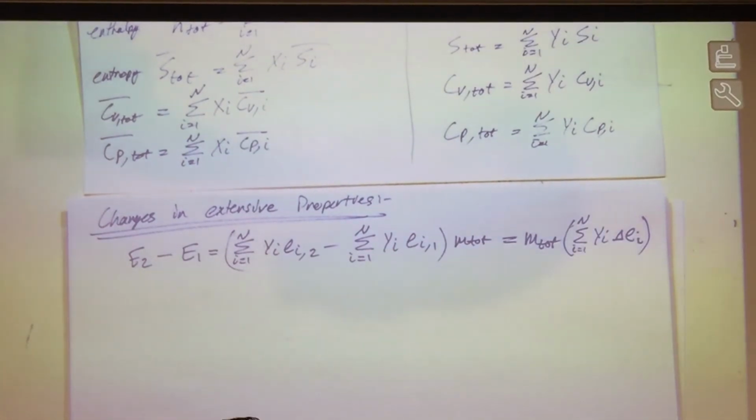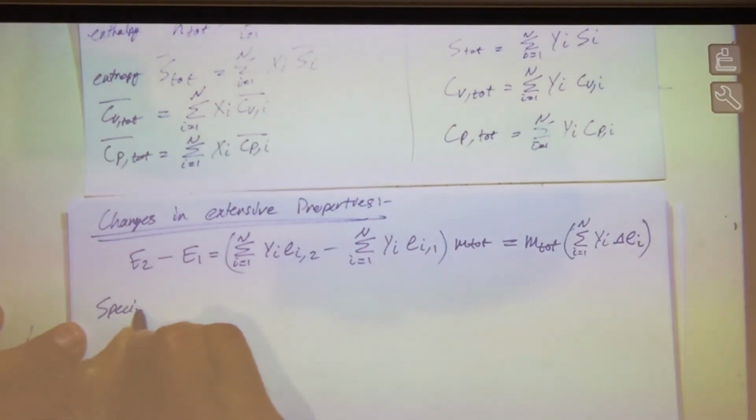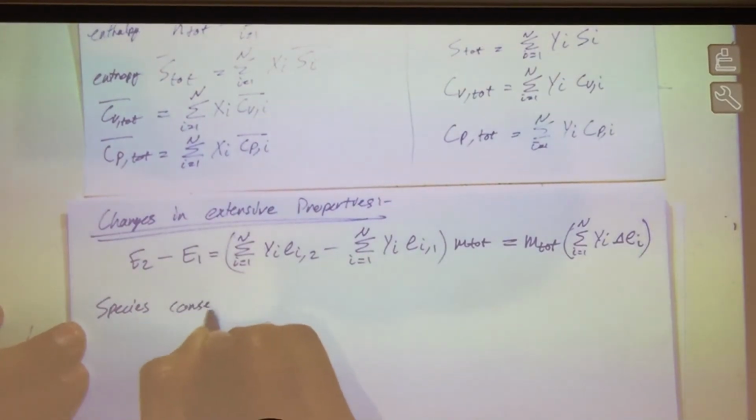And the same principle I can apply for the conservation of species.